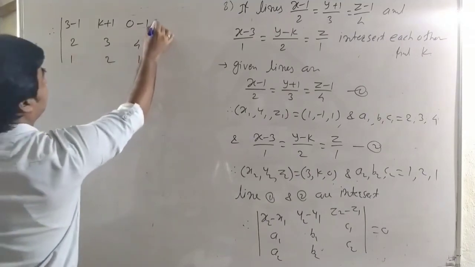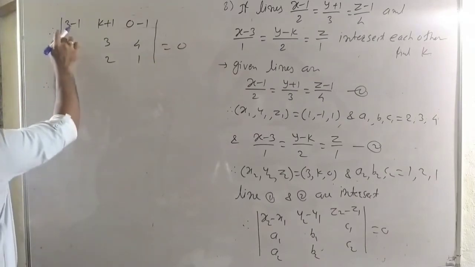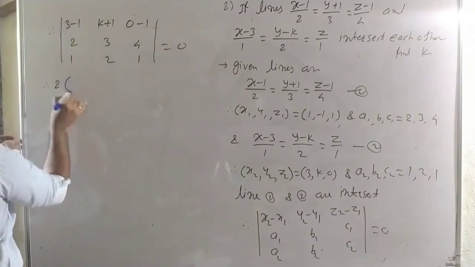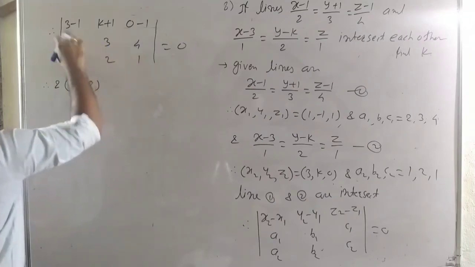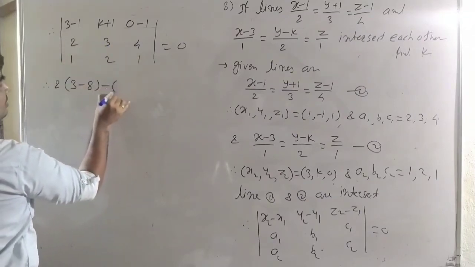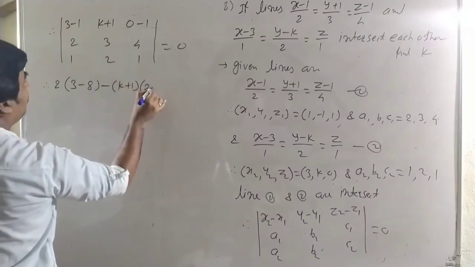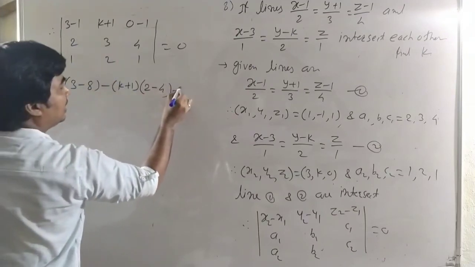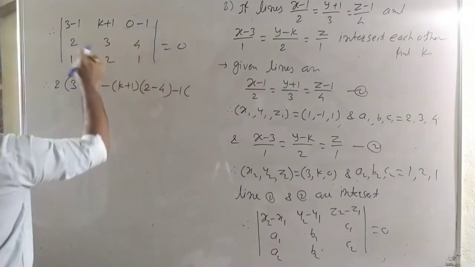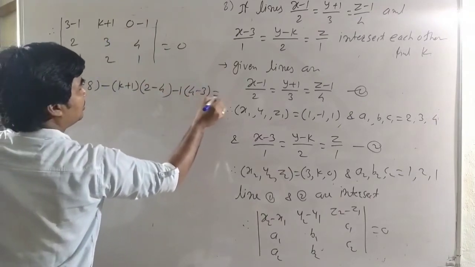It is equal to 0. Therefore it is 2 into (3 minus 8), minus (k plus 1) into (2 minus 4), and minus 1 into (4 minus 3), equal to 0.